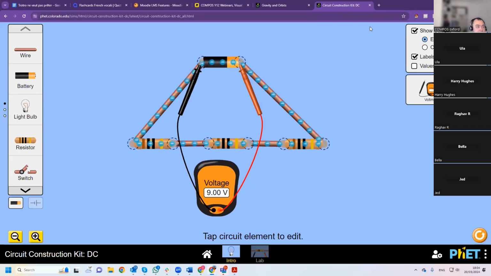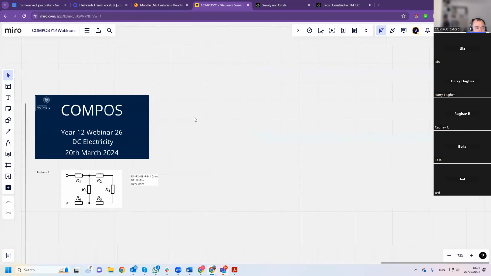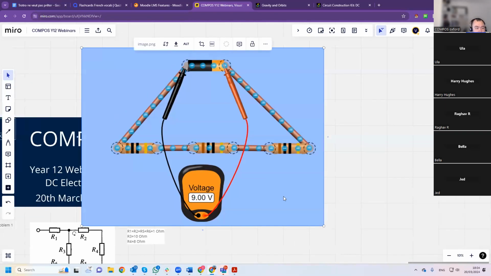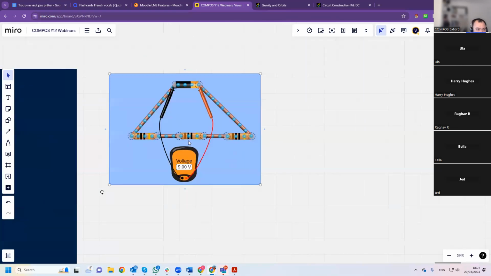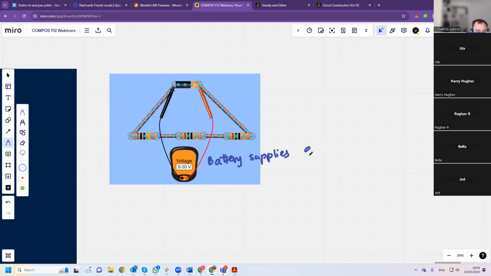Battery supplies 9 joules of energy to every coulomb passing through.